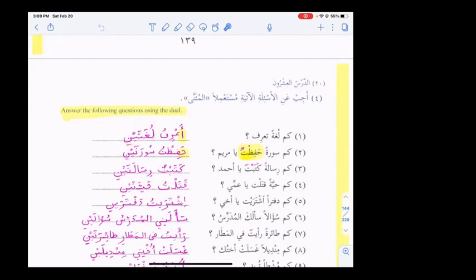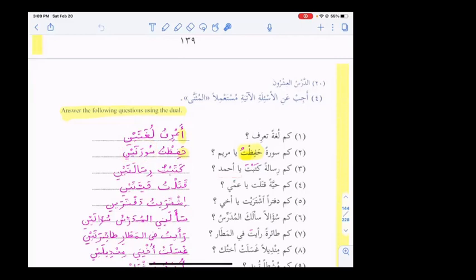Kam suratan hafiztu, ya Maryam? O Maryam, how many surahs did you memorize? Hafiztu surataini, I memorized 2 surahs. This is again mafulun bihi mansub bil ya, liannahu musanna. Kam risalatan katabta, ya Ahmad?